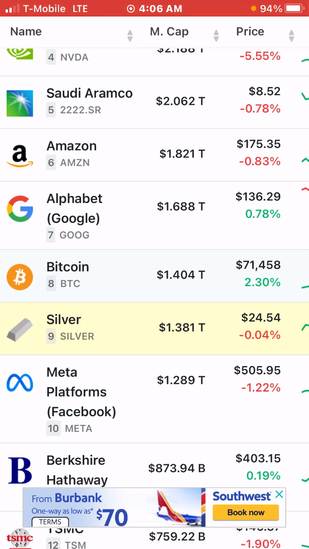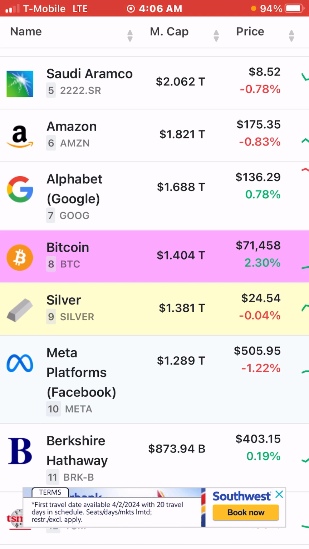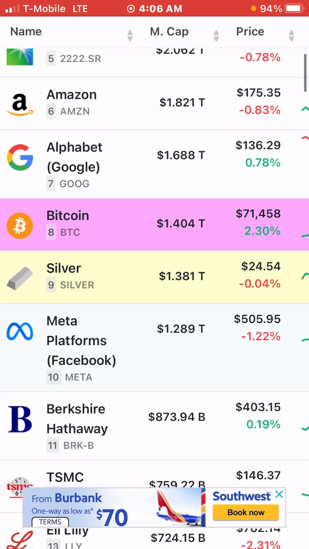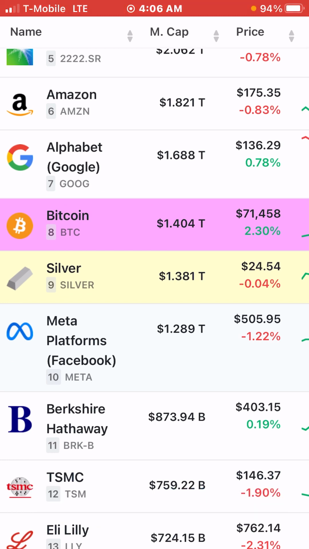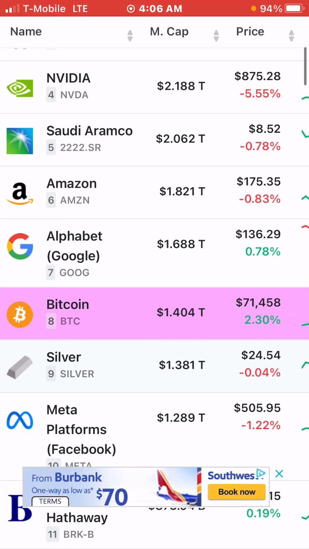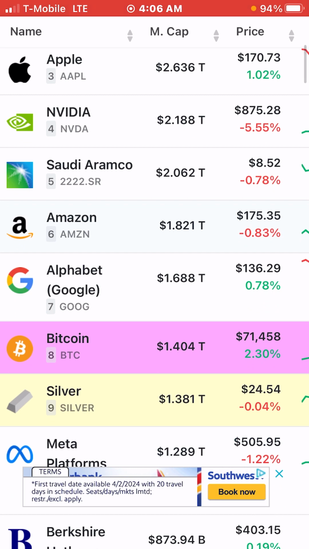So it is already past two of the top assets in the world. Facebook better be careful. Facebook is now in the bottom 10. That's amazing. And Bitcoin is now the 8th top asset. The next thing it has to pass is Google.